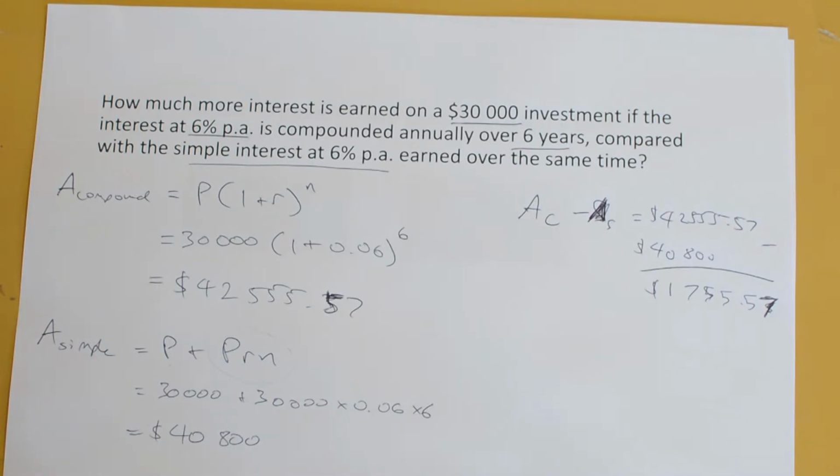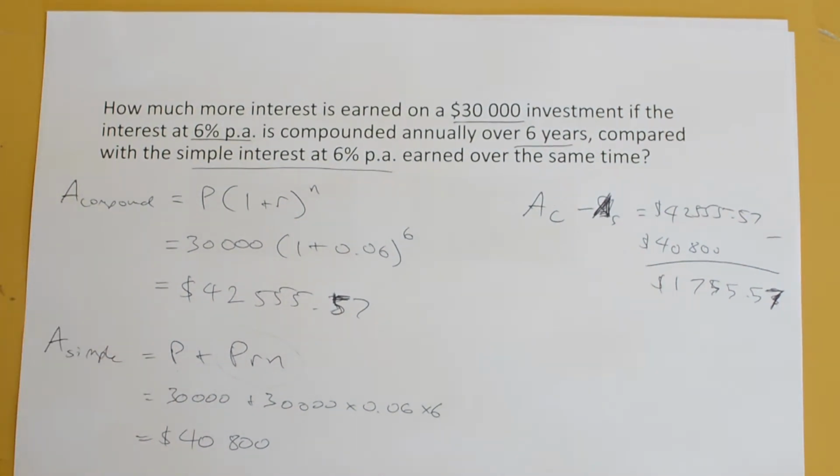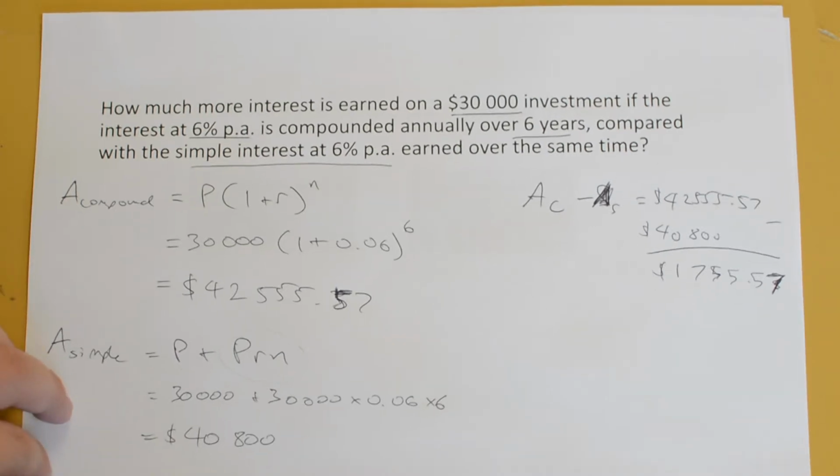And that is how we compare the amount of interest. So what we can see here is the compounded amount is more, and that is good. Remember that the amount of interest you earn also earns interest, so it makes sense for the compounded amount to be more than the simple.